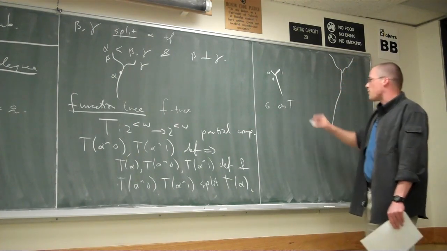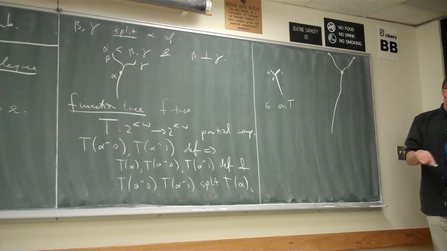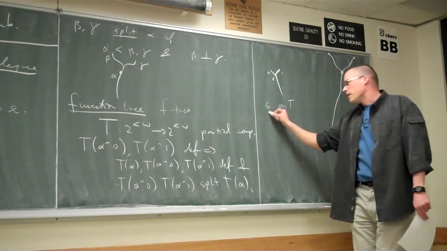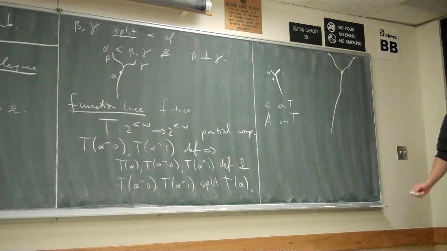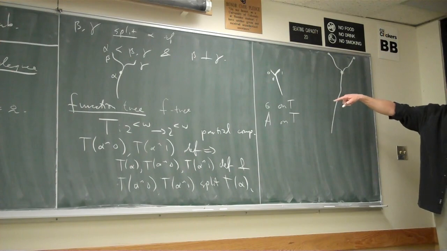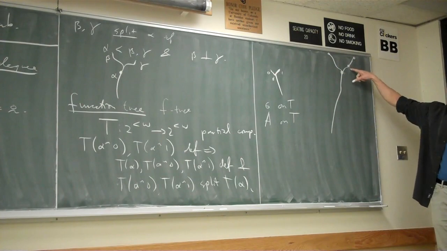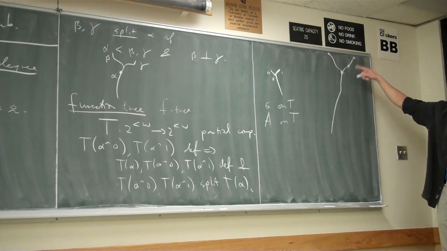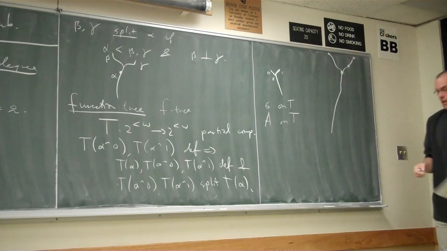We say sigma is on T if sigma is one of these nodes that really appear in the range of T. That's what it means to be on T. A real A is on T if infinitely many initial segments of A are on T, right? If A is a branch through this tree. Well, sigma on T really means that sigma is one of the images here. So sigma is not one of these things that appears in between two nodes of the trees. Being on the tree means you're really one of the nodes indicated by T.